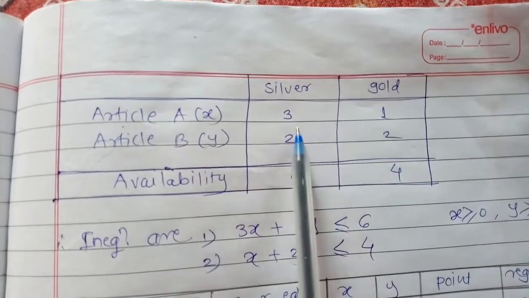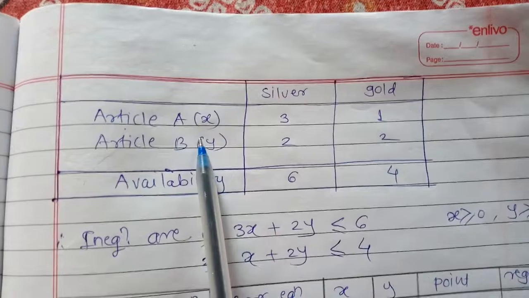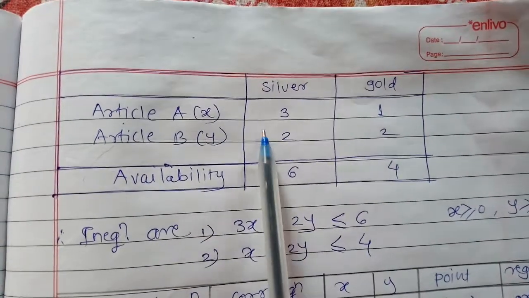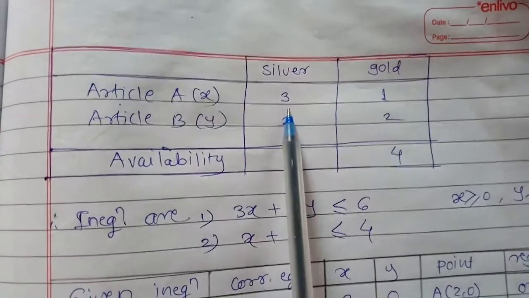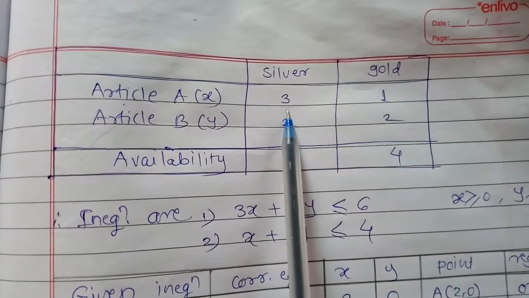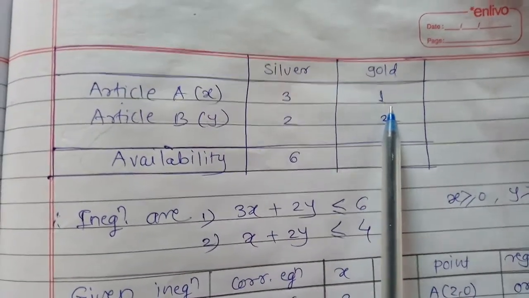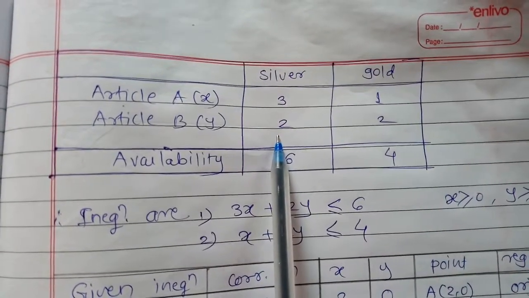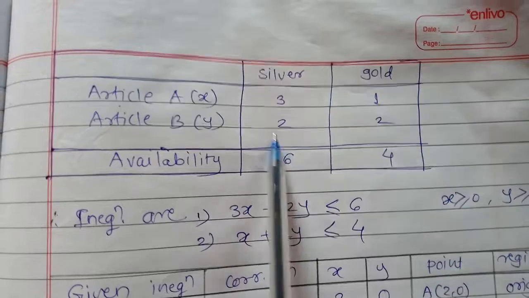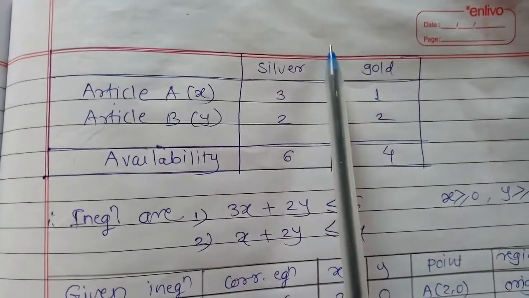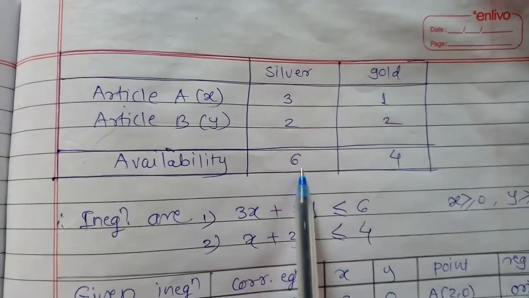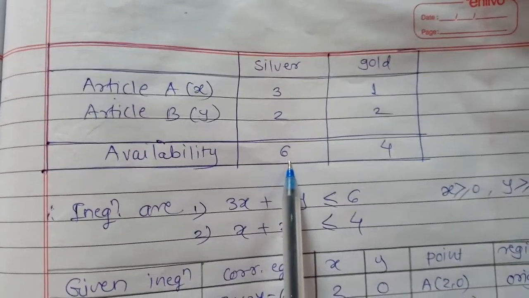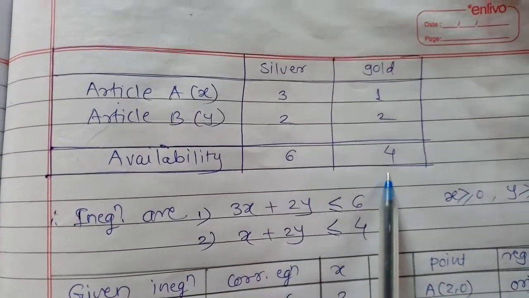In the example, article A requires 3 gram of silver and 1 gram of gold, and article B requires 2 gram of silver and 2 gram of gold. And the company's limitation, or availability, is 6 gram of silver and 4 gram of gold.